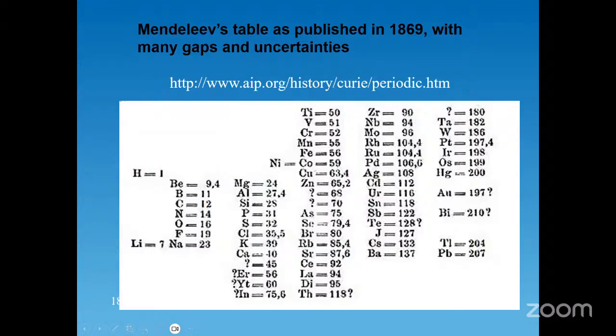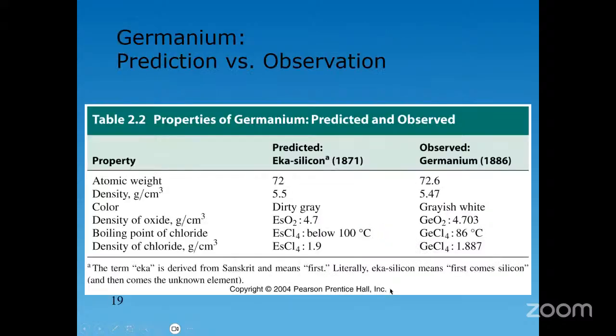So this was his version of the periodic table. 1869, that's when he came up with it, right? And there are some question marks you see here, which represent elements that were not yet discovered. Just to give an example of an element that was not discovered back then, but he made certain predictions about it.